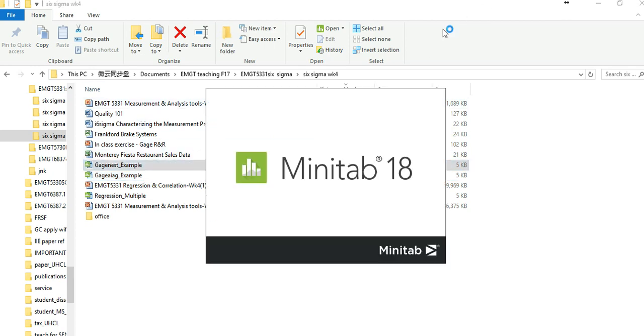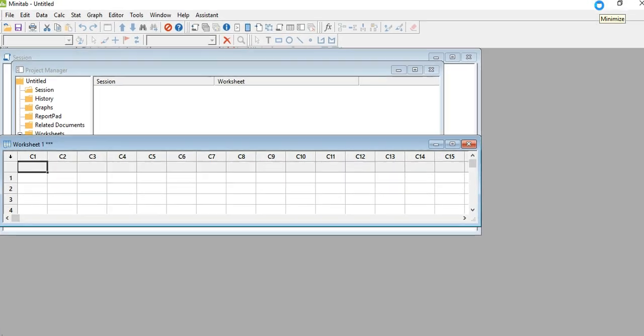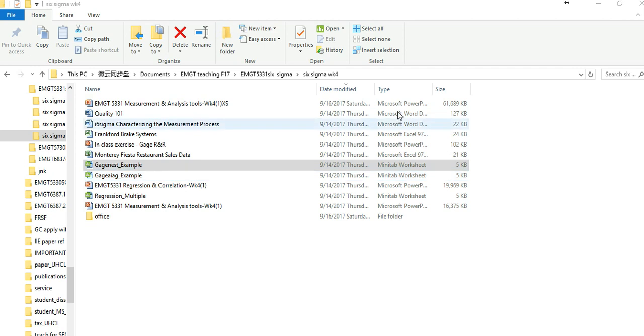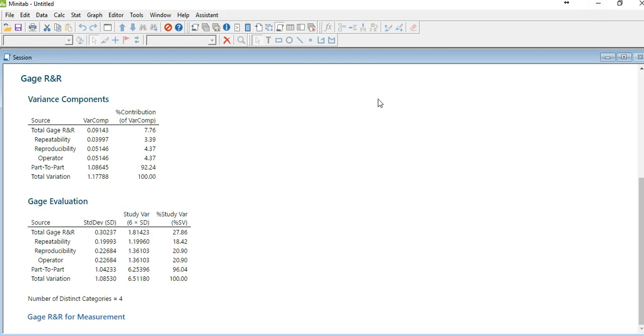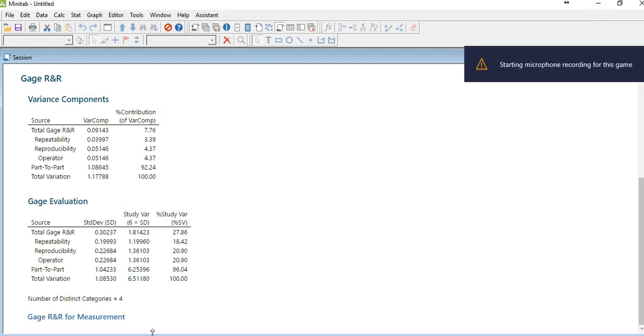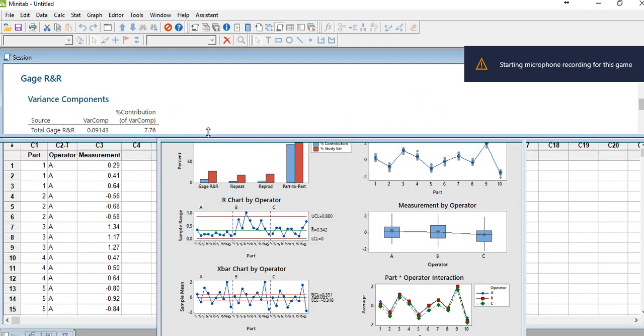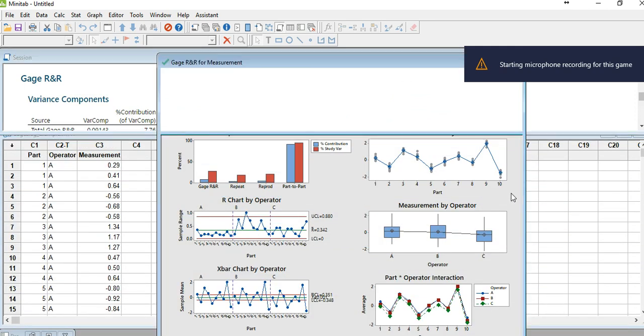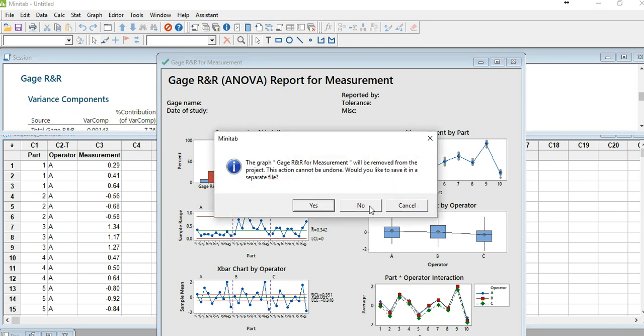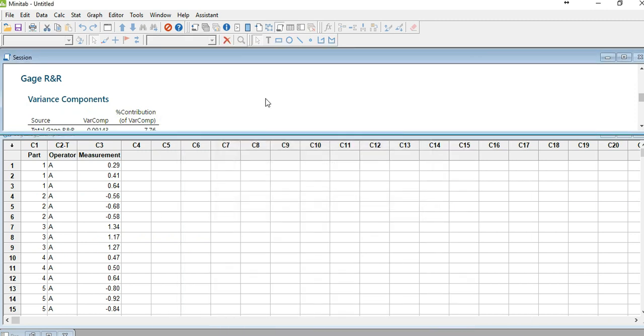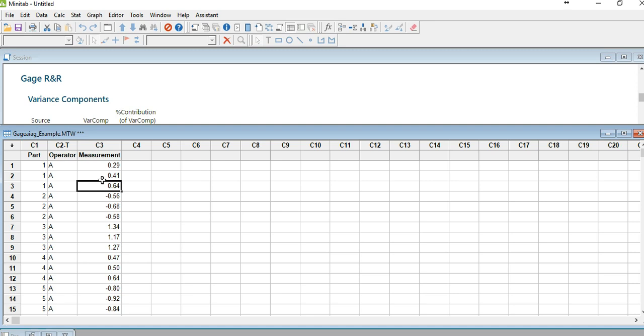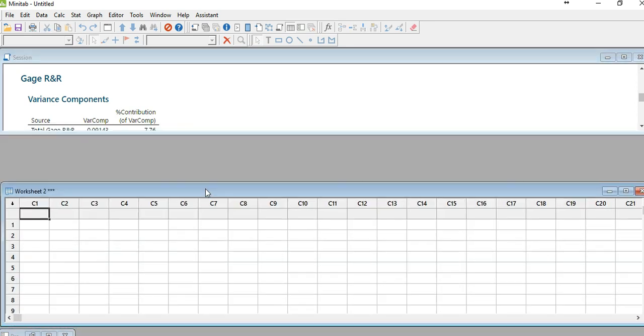Okay, so you open Gage nest. So this is still the old data. We have the new data.